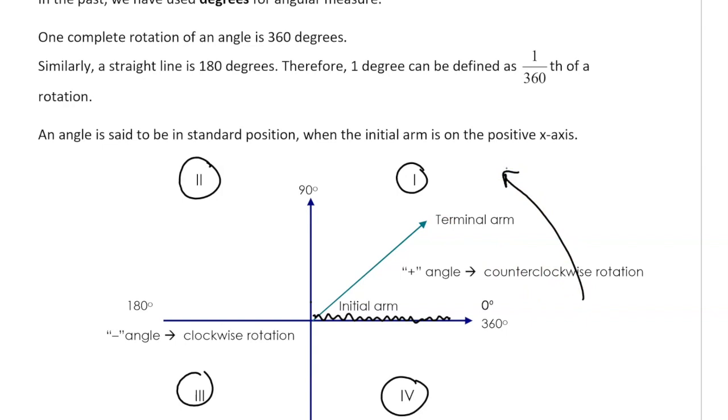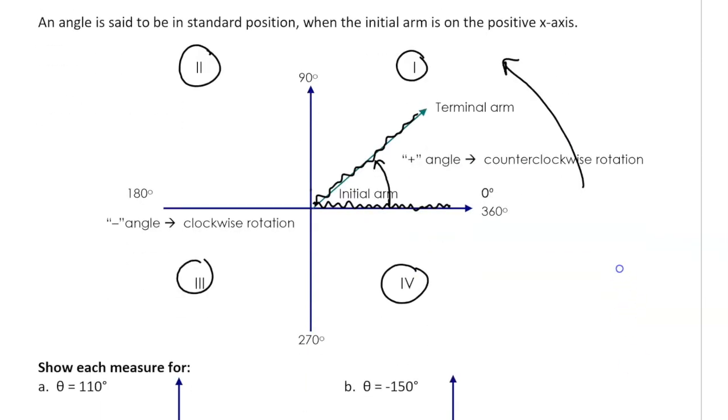Wherever you finish, we call that our terminal arm. If you wanted to create a negative angle, then instead of going up, you would just go down. And all the way around a circle, we have 360 degrees.